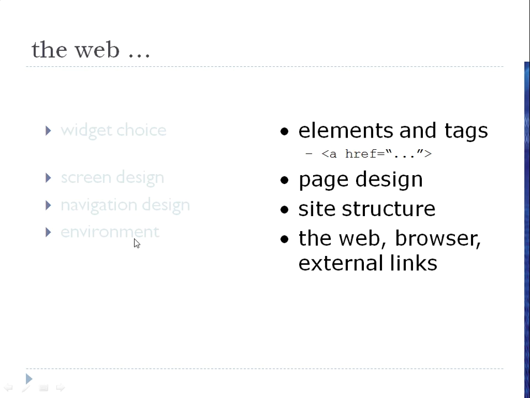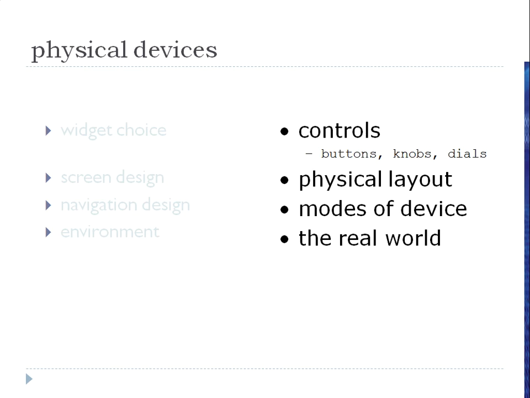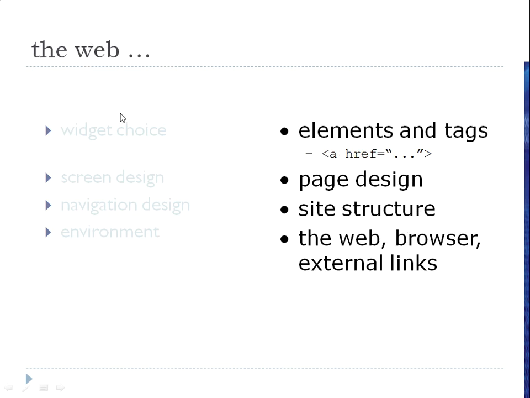Okay, I'm sorry, maybe the screen is not quite good. This is about the web: for widget choice, we need elements and text. Screen design is page design. Navigation is like the site structure.